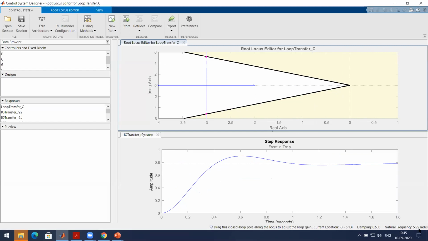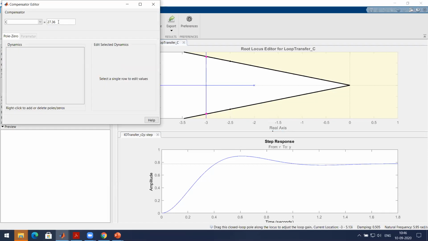Take it as 0.5. And natural frequency, how much we got? 5.95, and take it as 6, and then you go to edit compensator, you get the K value.